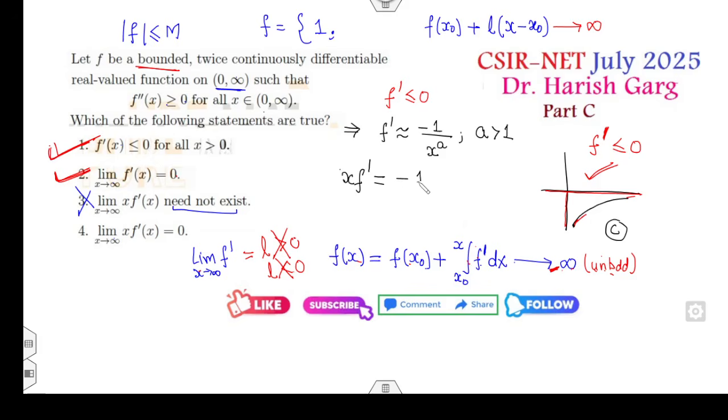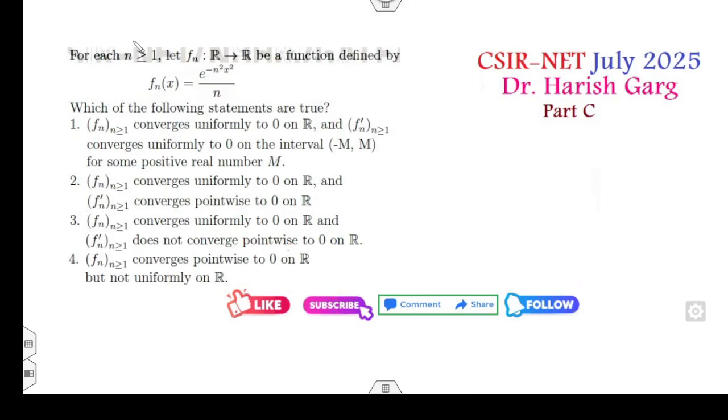It will be minus 1 over x raised to power a minus 1. A minus 1 is greater than 0. And when you take the limit x approaches infinity, this number will approach toward 0. Yes, the fourth option is the right answer. So 1, 2 and 4 are the right answers of the problem.